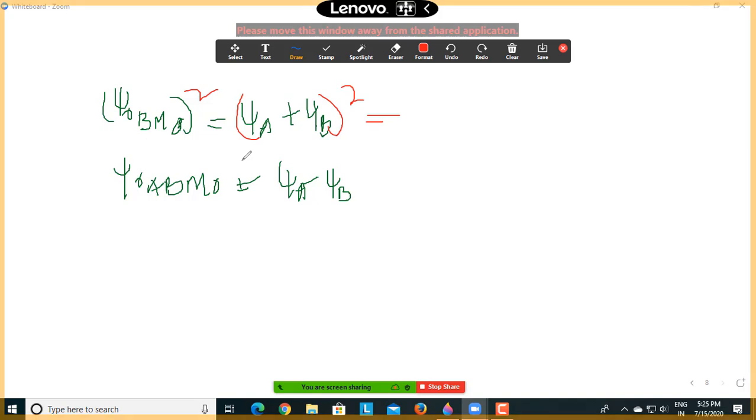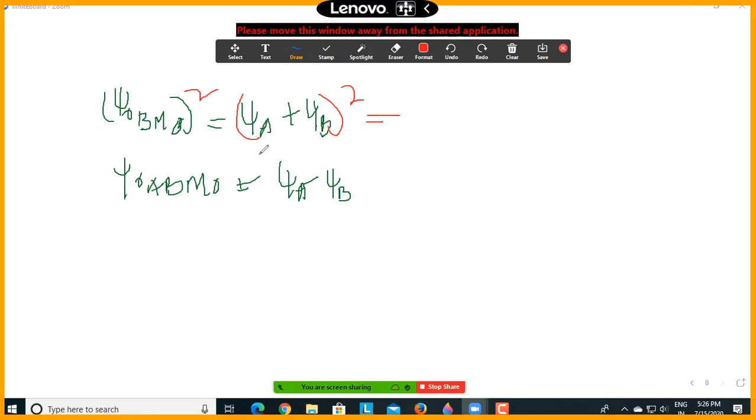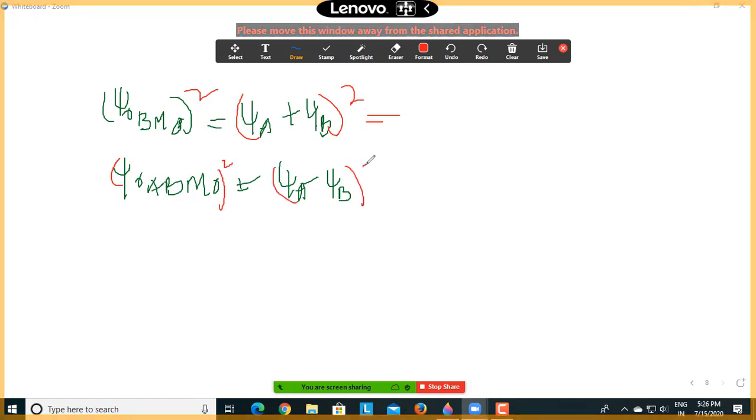Please repeat it once more. See, psi square gives you the idea about probability density of electron, isn't it? Psi gives you the idea about amplitude of electron wave, but we want to know the probability of finding the electron in a particular region in three-dimensional space. So let us make it square.